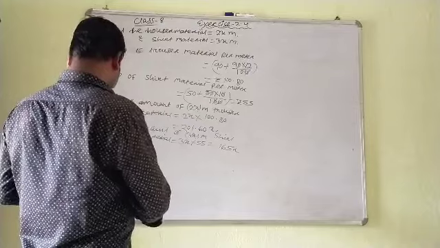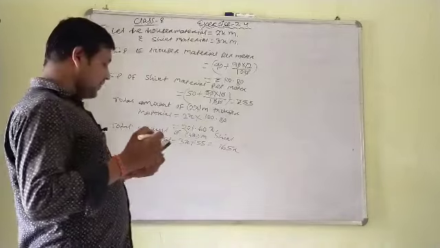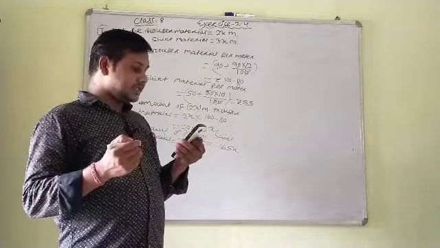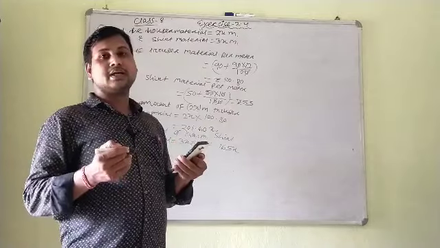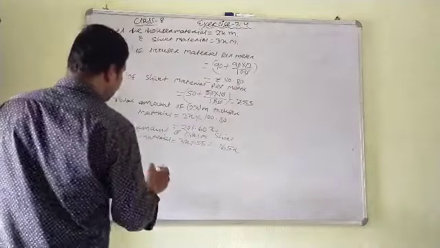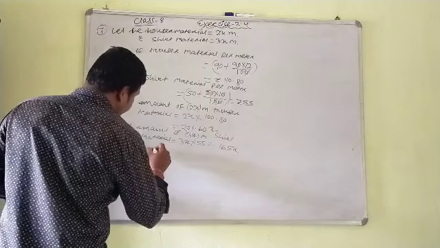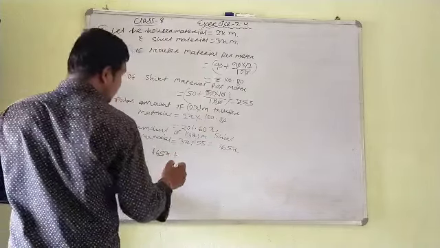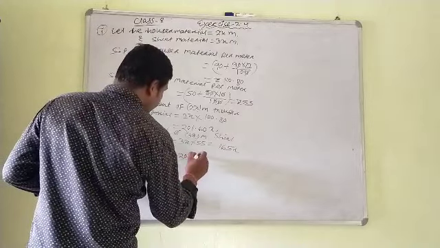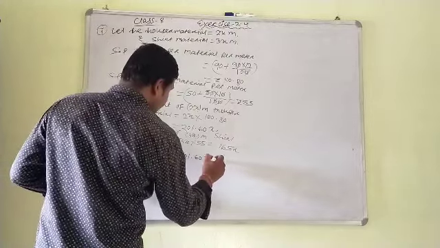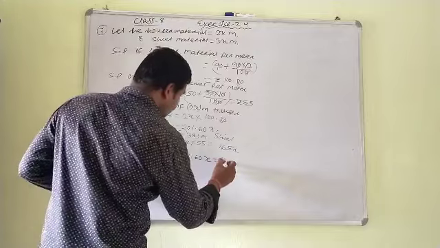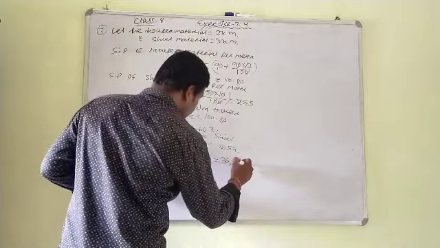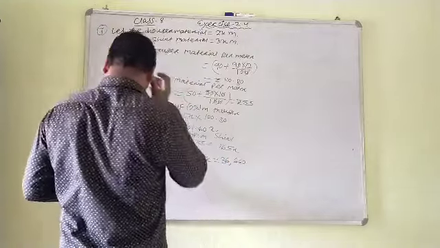Okay. Sum of 165x plus 201.60x is equal to given 36,660. So write down 165x plus 201.60x, which is equal to 36,660.